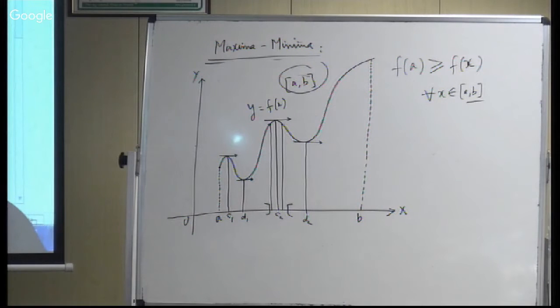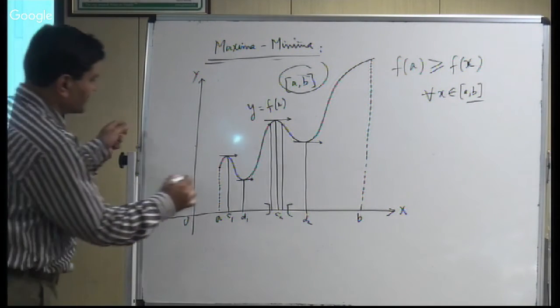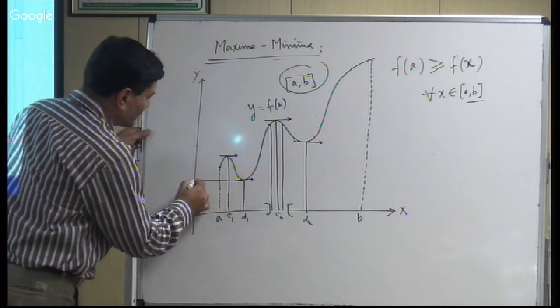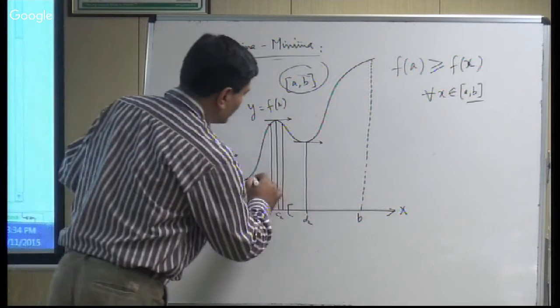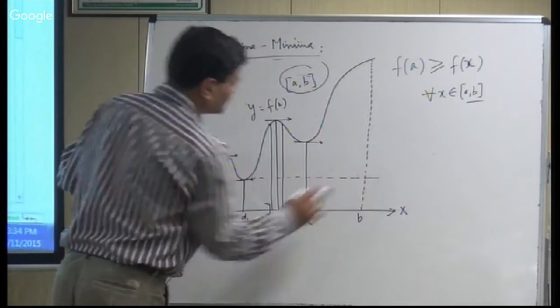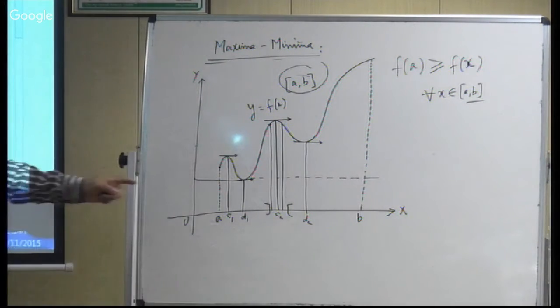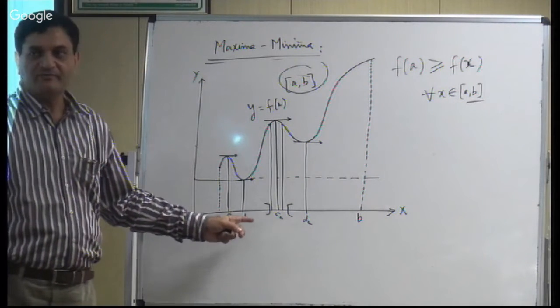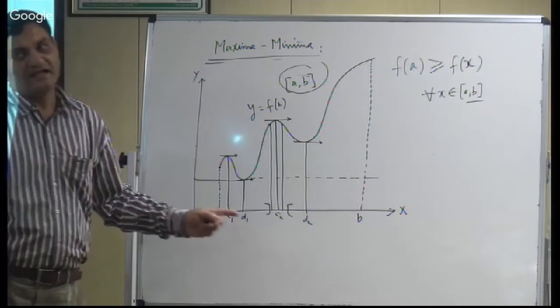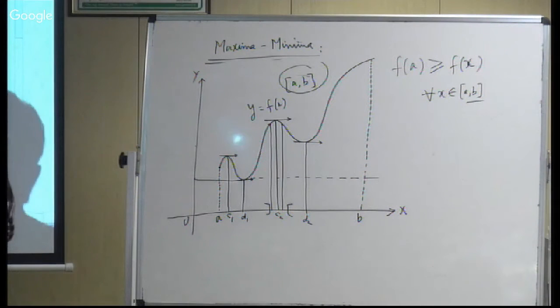Now who will tell me which is the point of absolute minima first? You tell me which is the point of absolute minima? D1. So D1 is the point of absolute minima, because if you consider this point, throughout no other part of the curve goes below this. So D1 is a point of local minima, and it is also the point of absolute minima.